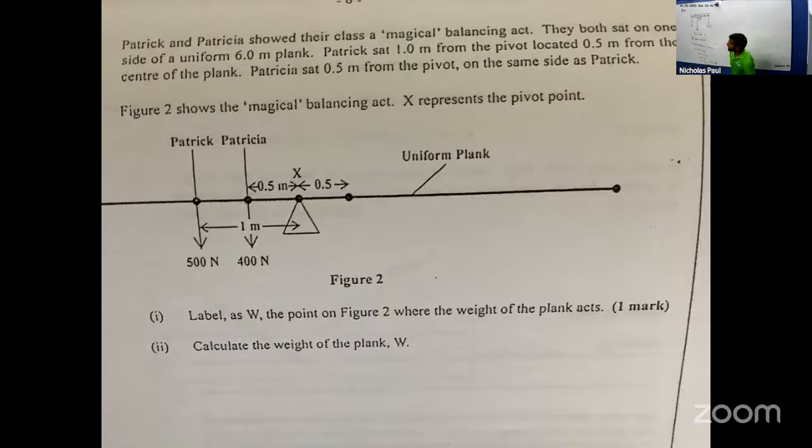So they want us to label W, and then calculate W. Know your diagram, put in all your forces and apply your principle, right? Which side is W on? W is on the right side, right? And your principle of moments.